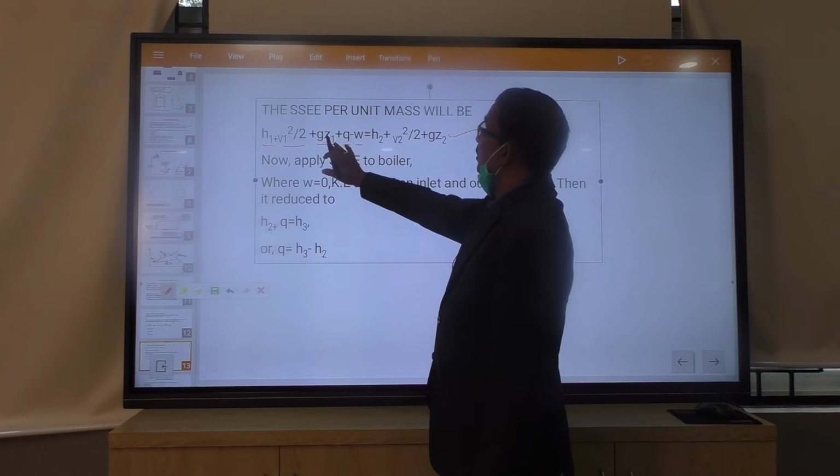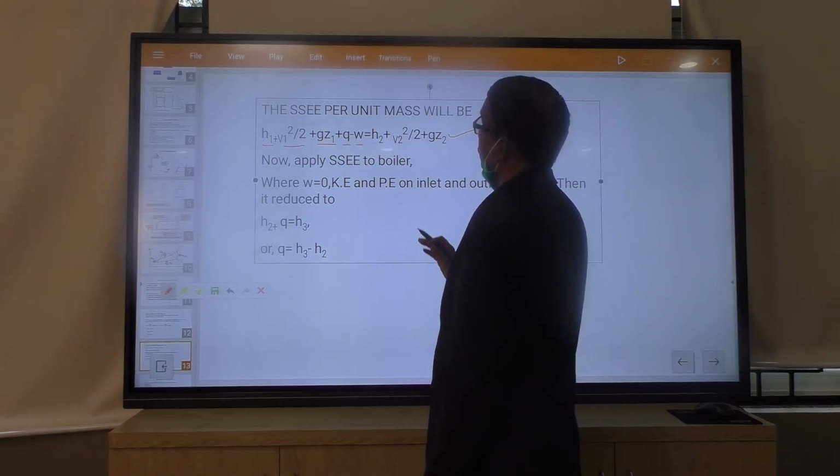So total energy here is equal to total energy output here, conservation of energy, that equation.